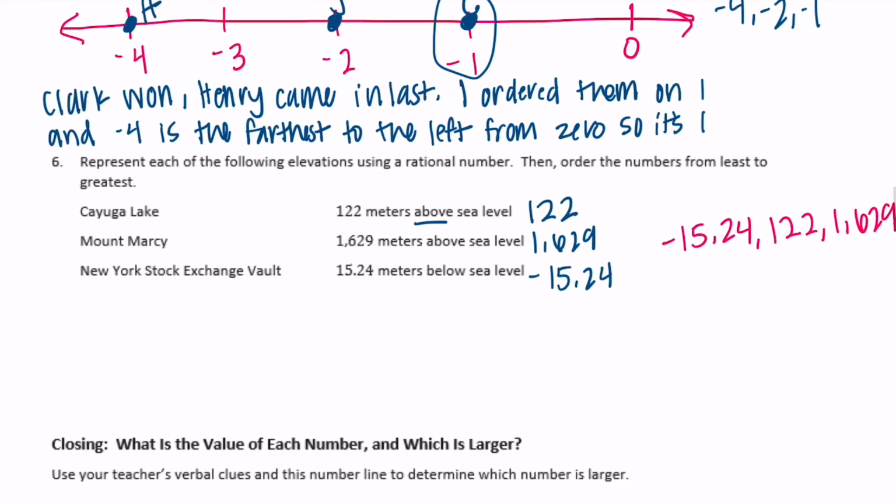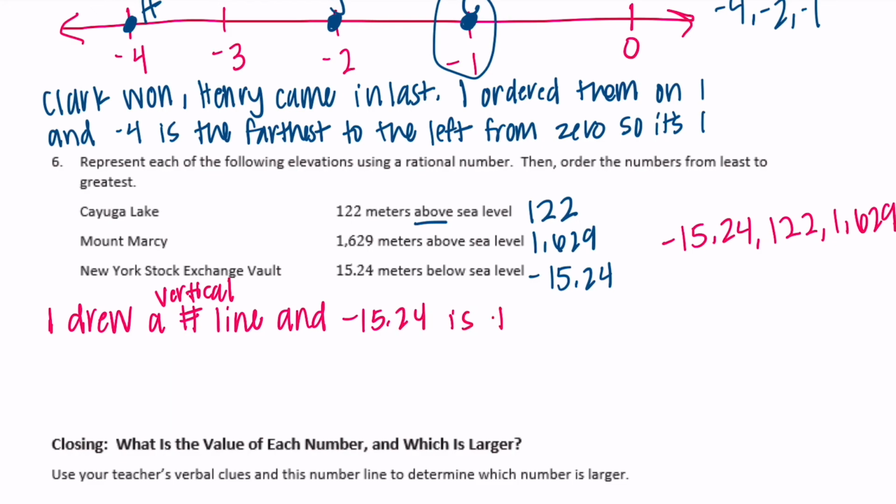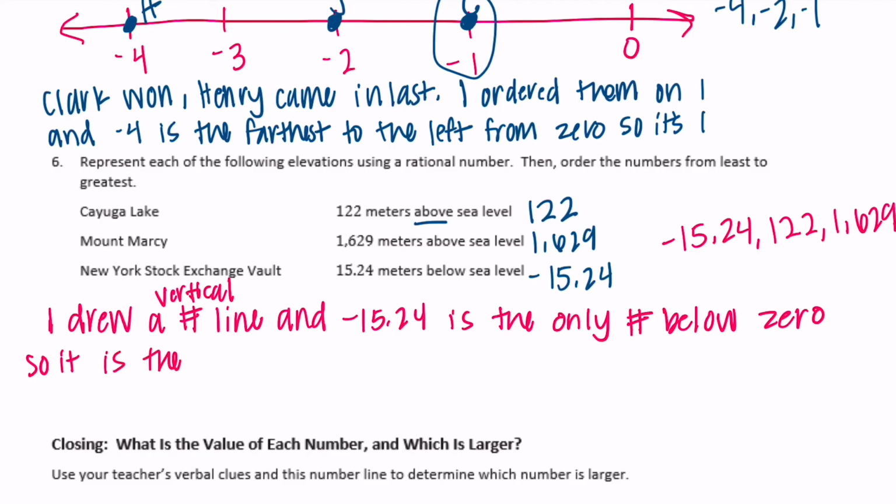So we can say I drew a number line. Or we can even put I drew a vertical number line, just to be more specific. And negative 15 and 24 hundredths is the only number below 0. So it is the smallest.